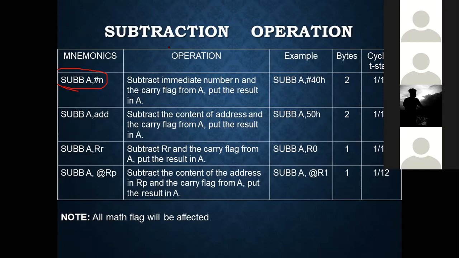After the instruction, what will be there? 1FH minus 45H minus 0H, the content of the carry flag. It will come like A, and here you can see some borrow is occurring.